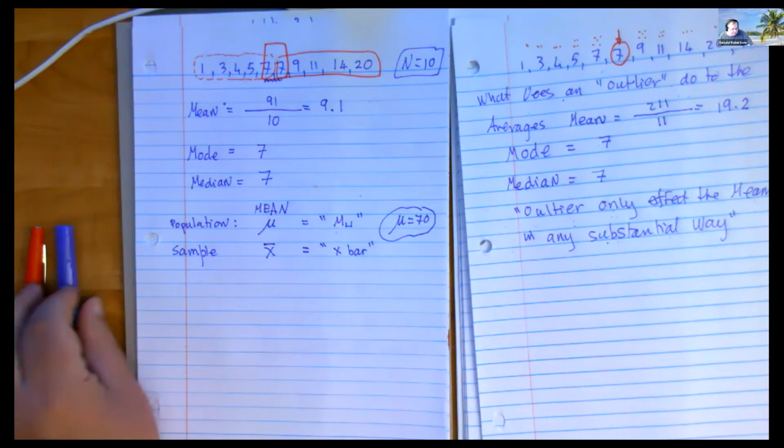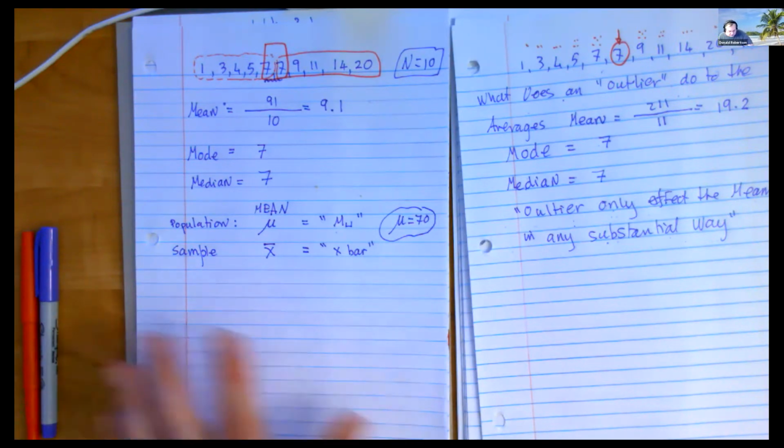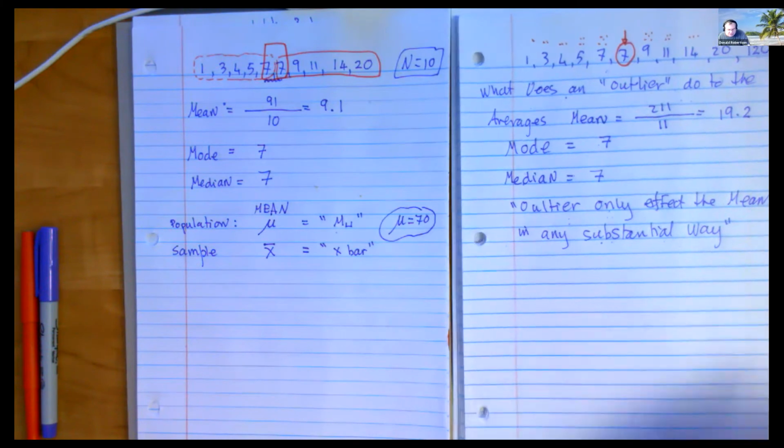So the story goes something like this. Imagine that I found out what the average wealth of everybody in our class is, right? And it came out at $20,000. That was the average. And then Bill Gates just joined our class. Do you know what the average wealth of our class would be?